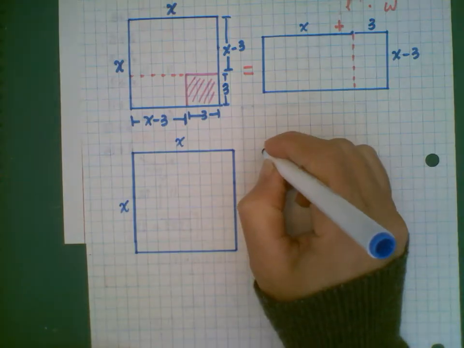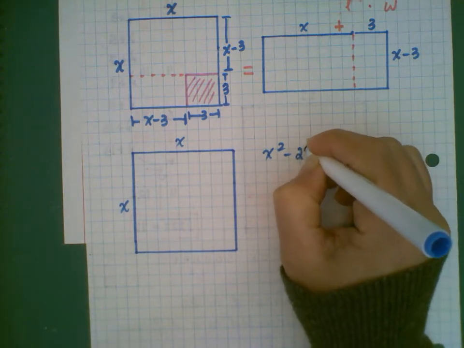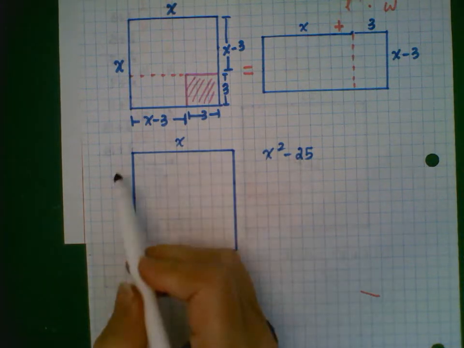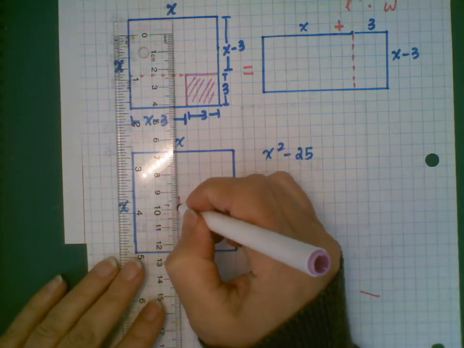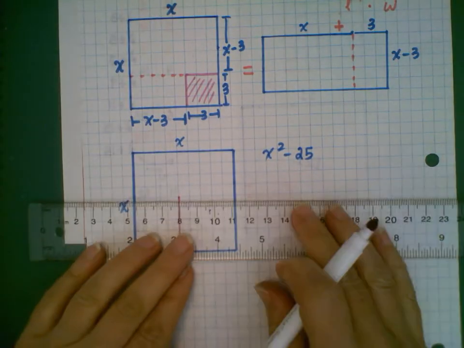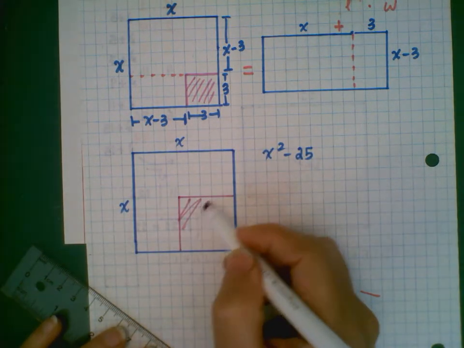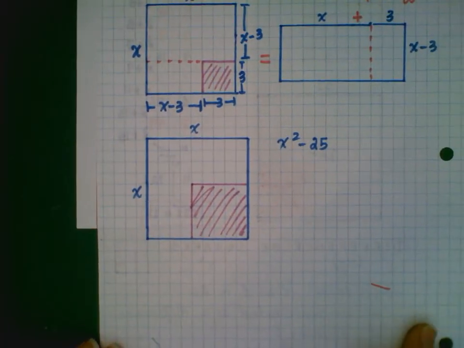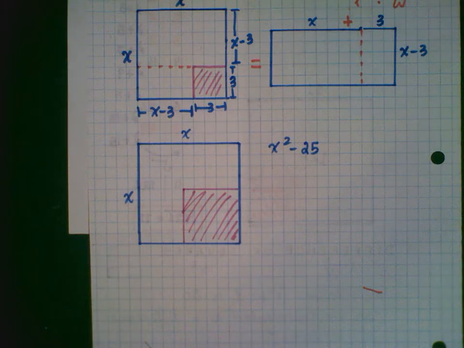And I'm going to show x squared minus 25. So to take 25 away from my x squared, I would need to cut out a 5 by 5 square from the corner here. So this is what I'm removing. X squared minus 25 is this remaining L shape.